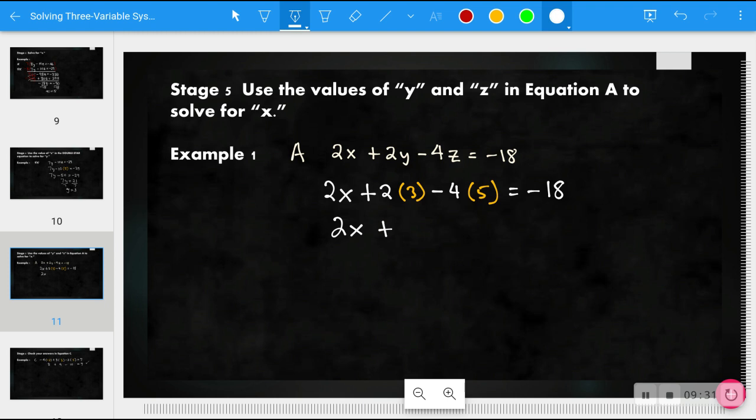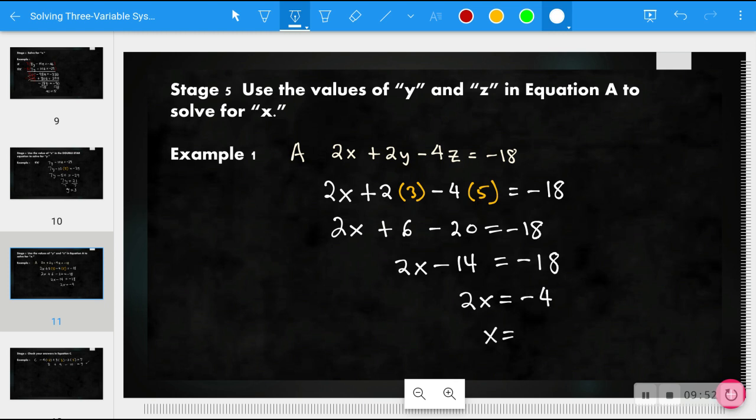This is 6 minus 20, negative 18, and negative 14 is the result we get when you simplify there. Adding 14 to both sides gives negative 4, and dividing by 2, we've got our final answer, negative 2.